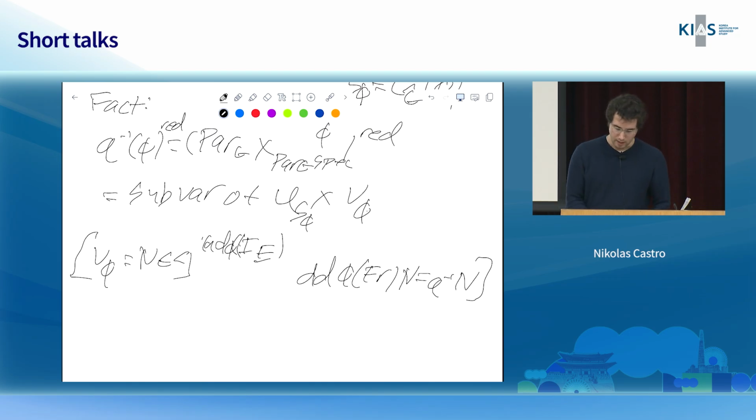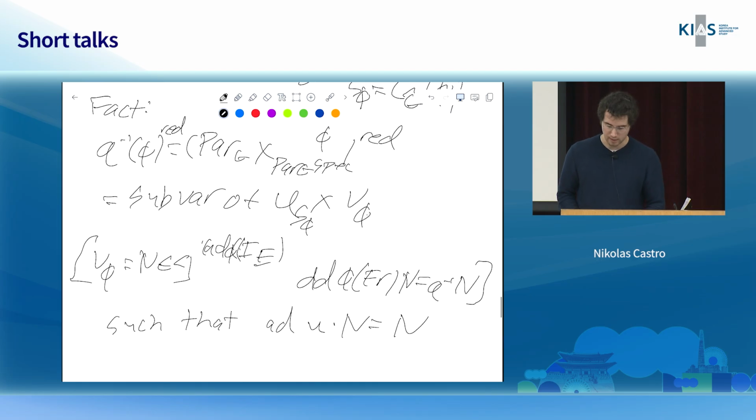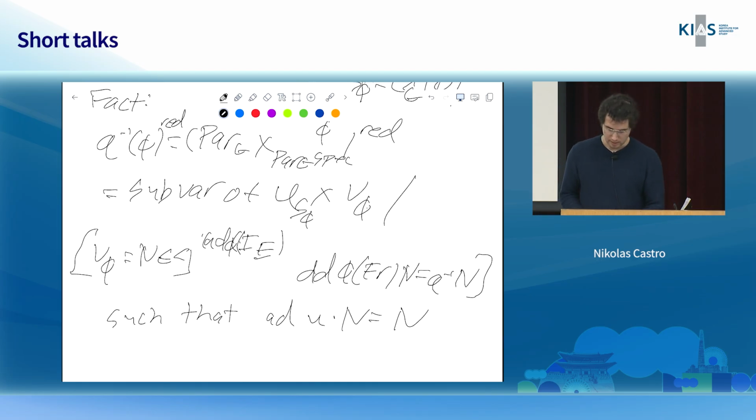So I want the subvariety of U cross the Vogel variety such that the adjoint action of U acting on N fixes N. And I will quotient by S phi here. So substack, I guess.